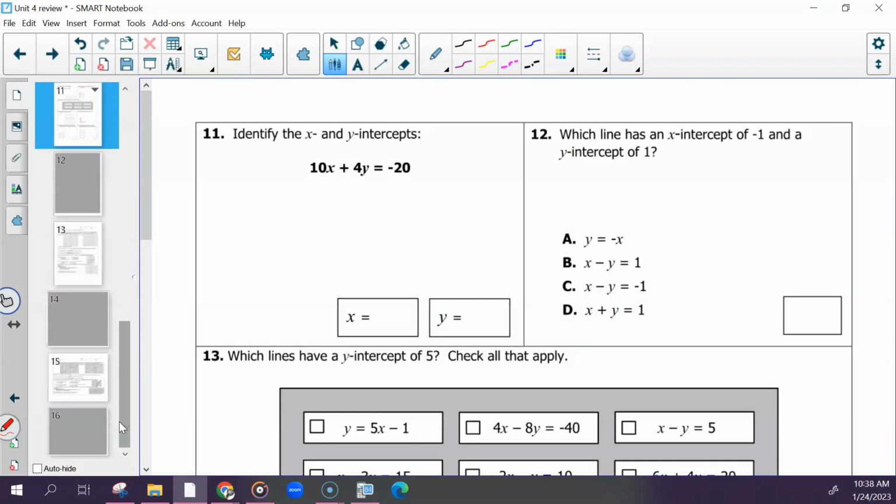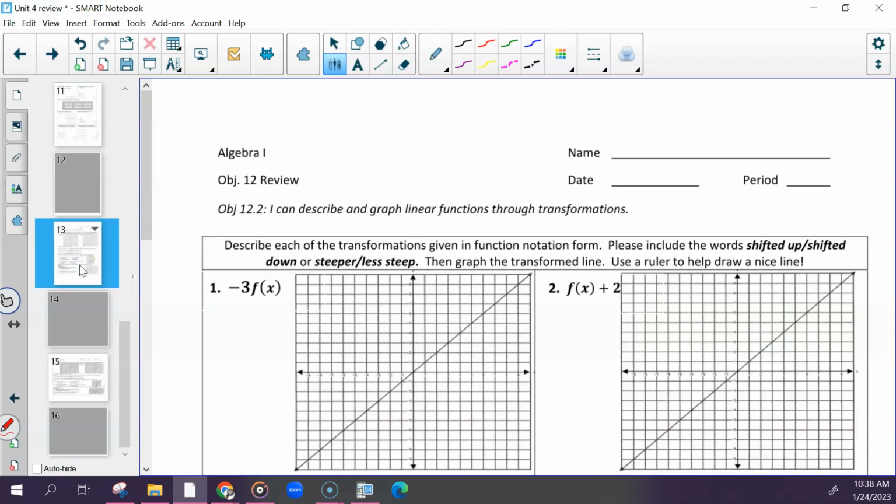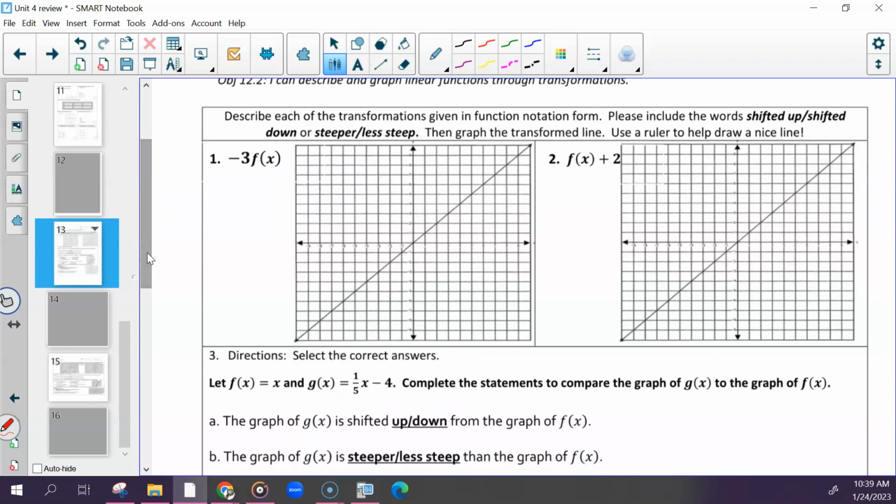Sure. Which one? One on which page? The separate page. That is this one. Yes. Alright, so we have to describe and then graph. So notice that this has a negative and a 3, so that means 2 things are happening. What happened?